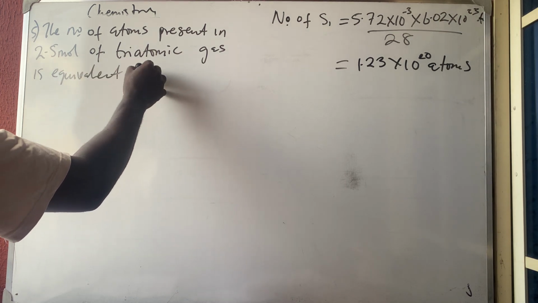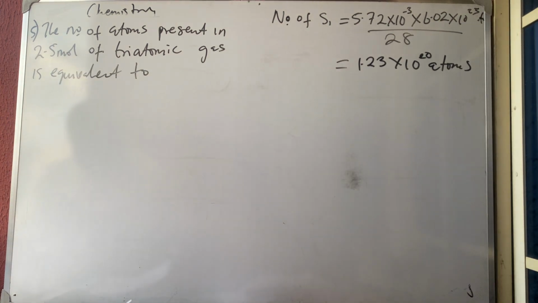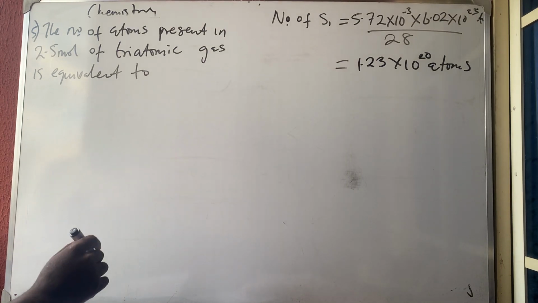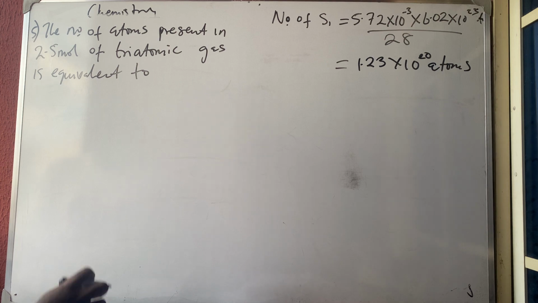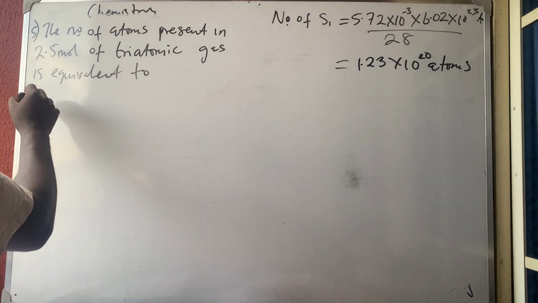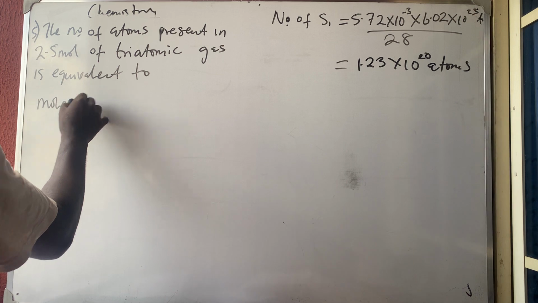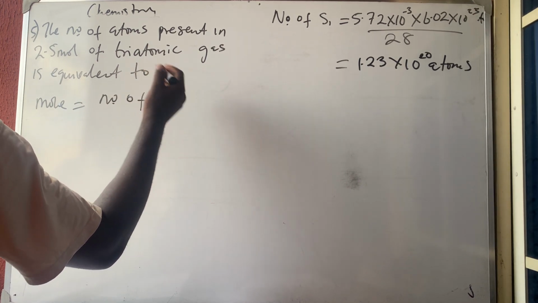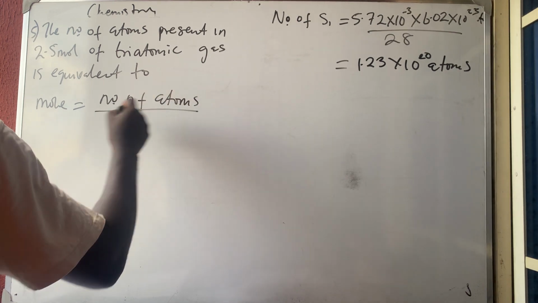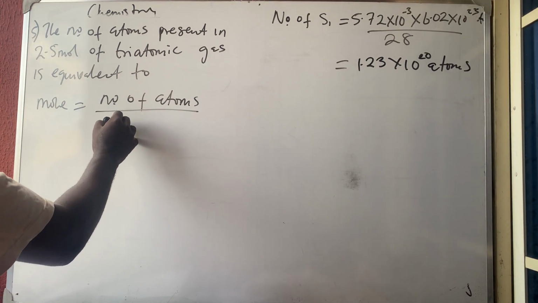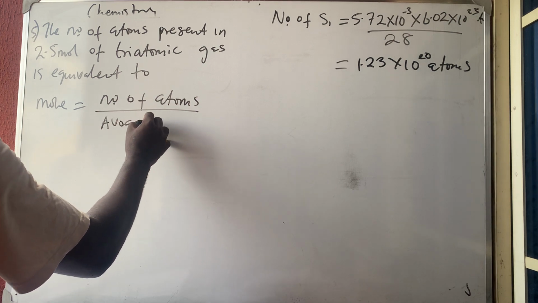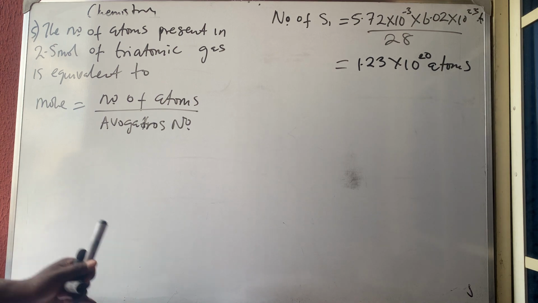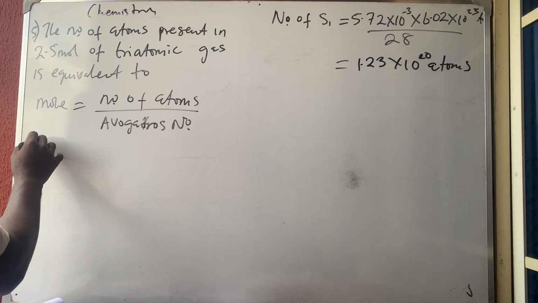They say the number of atoms present in this. We know that mole is equal to the number of atoms, or number of particles, all over Avogadro's number.